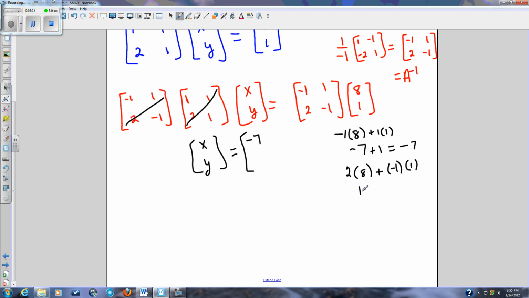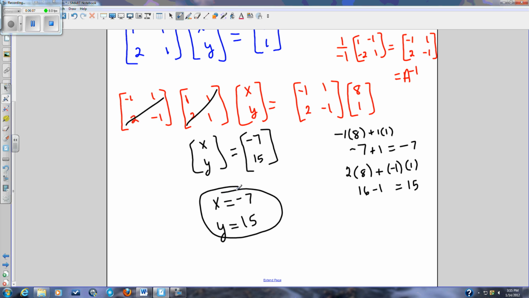So we're going to have 2 times 8 is 16, negative 1 times 1 is negative 1. So 16 minus 1 is 15. So we have x equals negative 7 and y is 15. Okay, so that is the solution of that first system of equations.